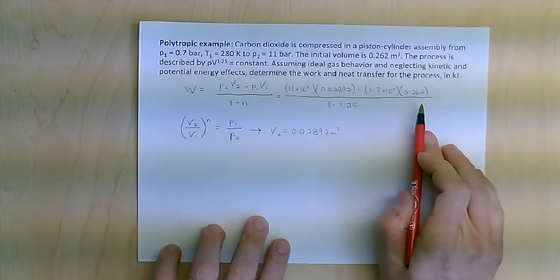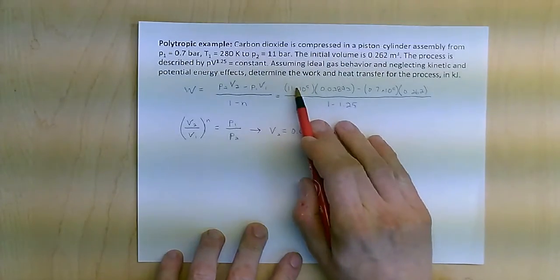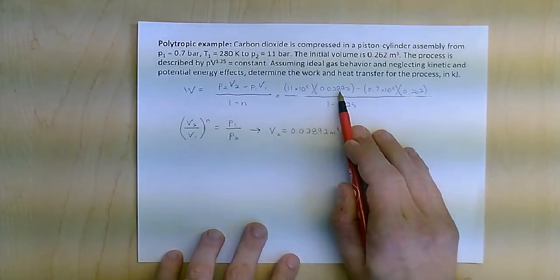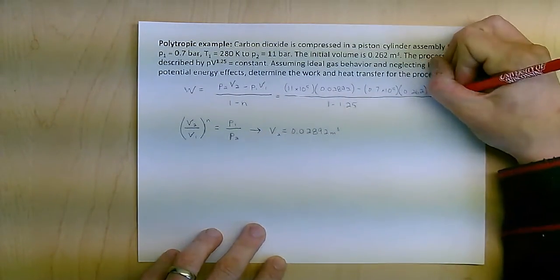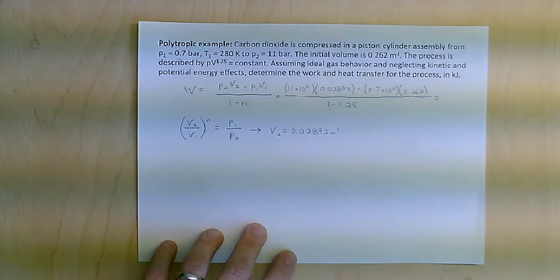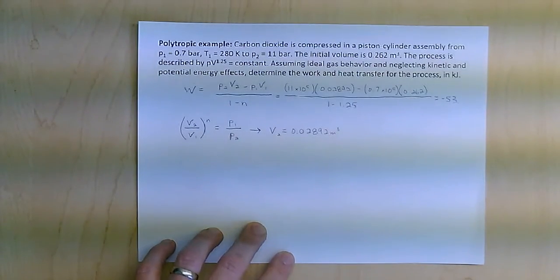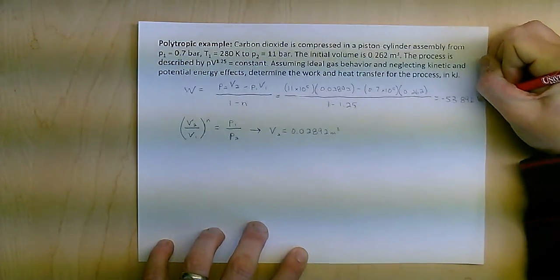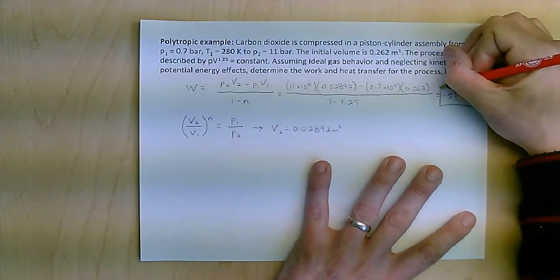So again, I know everything in this equation. The units will work out because I've got newtons per meter squared times meters cubed, so that's going to give me newton meters, which is a joule. And I ultimately get negative 53.89 kilojoules. So that is the work of the process.